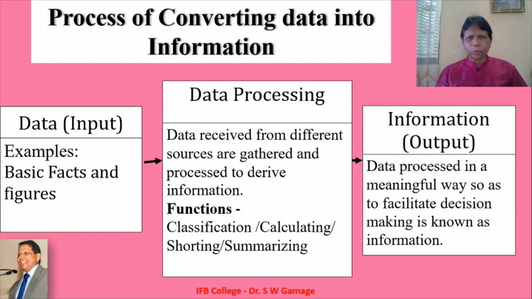Now, I first told you about data, information and processing. Before we go to the lesson, we must understand what information management is. For information management, we go through the information system.